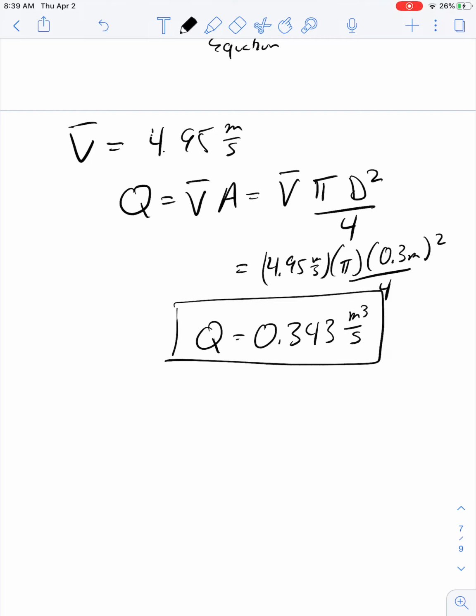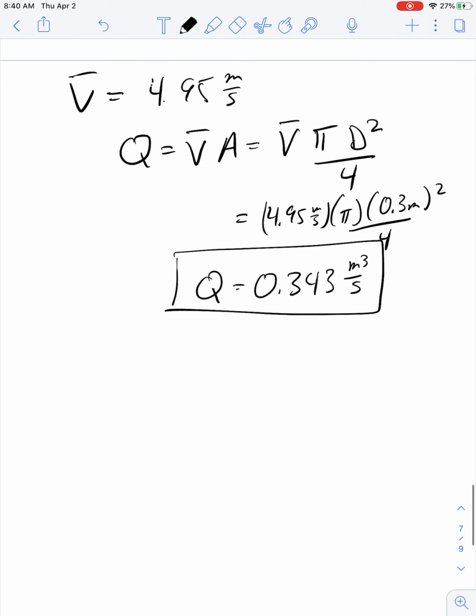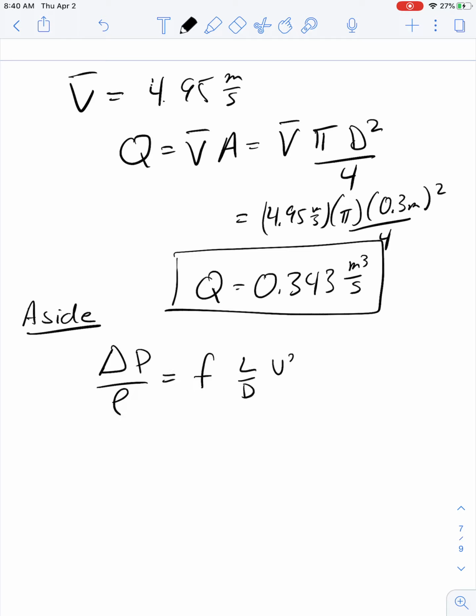Now, as just a little bit of an aside, when we're thinking about the relationship between Q, the flow rate, and the pressure, our delta P here, our pressure relationship is delta P over rho is equal to f L over D V squared over 2.